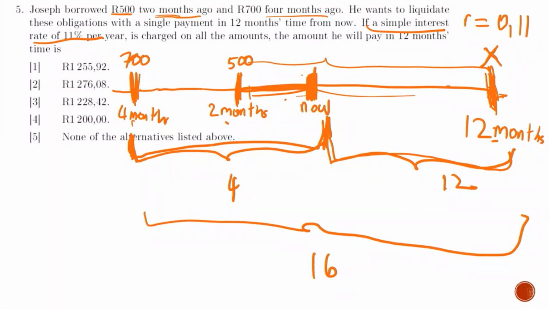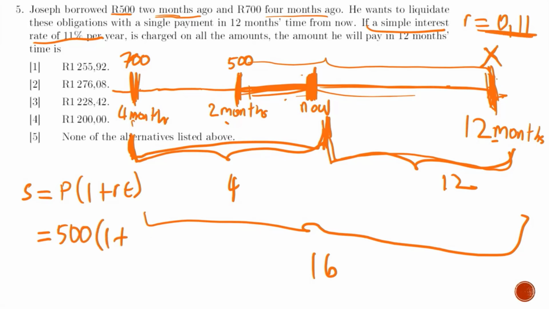So now you've got two periods here. For 500, your simple interest is going to be equal to P into 1 plus RT. You want to get the accumulated amount for this period and that period. So your present value there is 500 into 1 plus, you've got the same interest rate, 0.11, and then your time is 2 months plus this one, because with reference to now, there is this period that you also want to take into consideration.